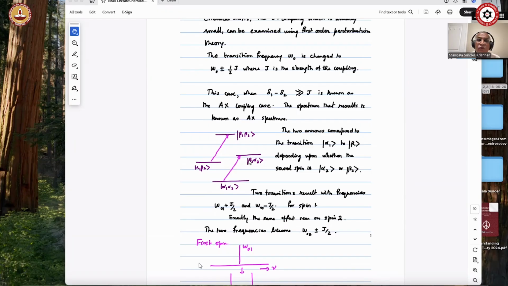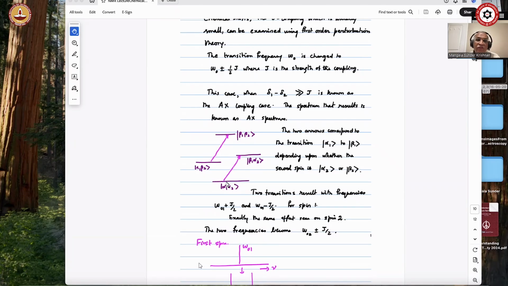You see that alpha 1 to beta 1, because this is a higher frequency nucleus. This is a lower frequency, alpha 2 to beta 2. Alpha 1 remains the same, so this is flipping the second spin. This is flipping the first spin. But then you see that these two energy levels are different. And obviously, when both the spins are flipped, that energy is higher than all of these. So you can see that there are 4 energy levels.